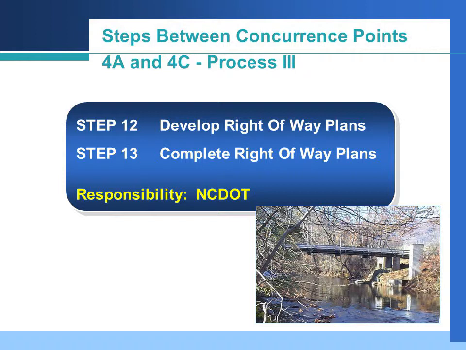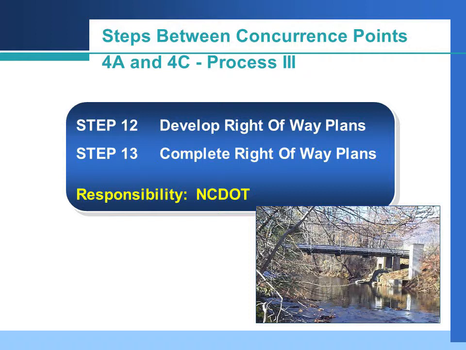The Utilities section will coordinate the determination of the utility conflicts and the development of the utility relocation preliminary designs with the utility owners and the design engineers. Upon receiving the completed hydraulic design for the project, NCDOT design engineers incorporate the hydraulic design and establish the proposed right-of-way limits for the project.